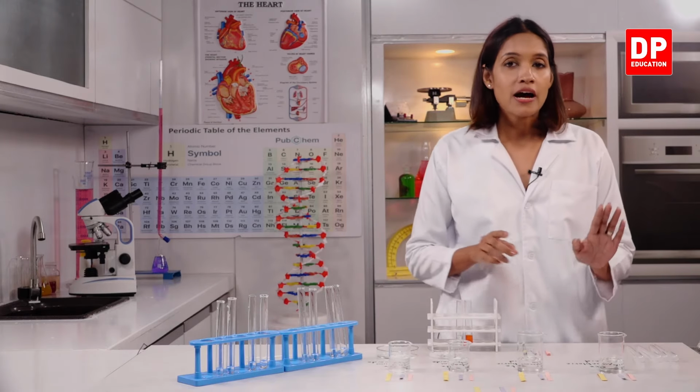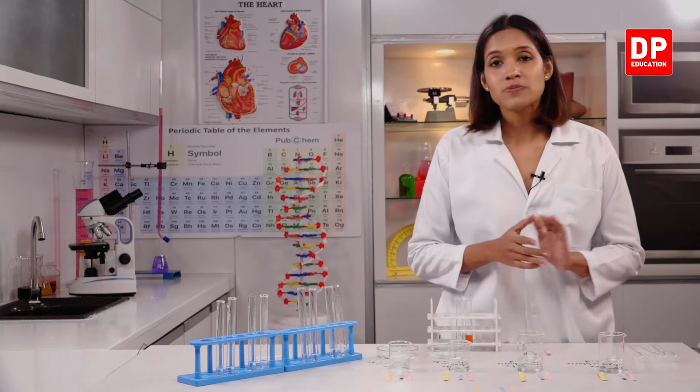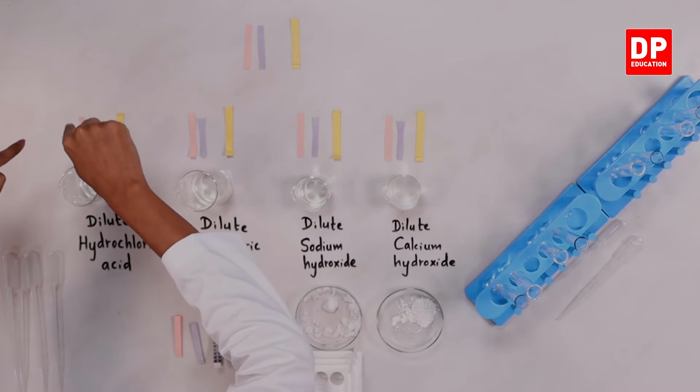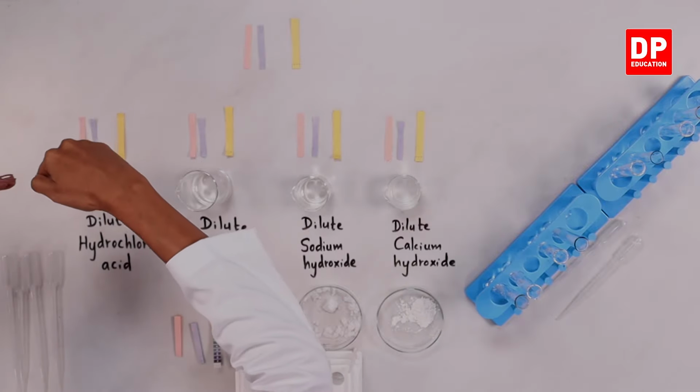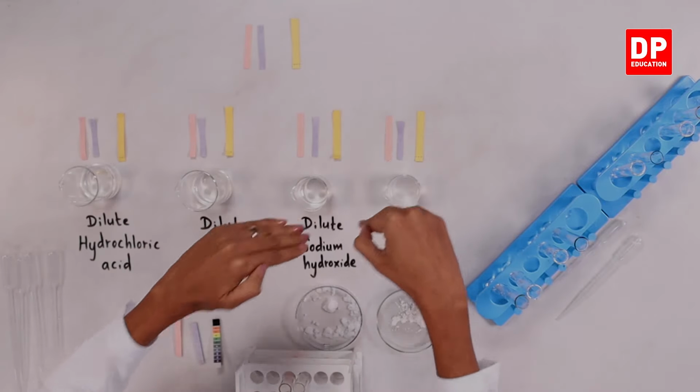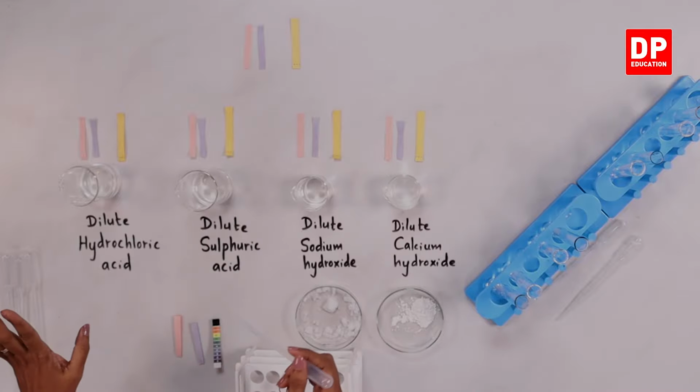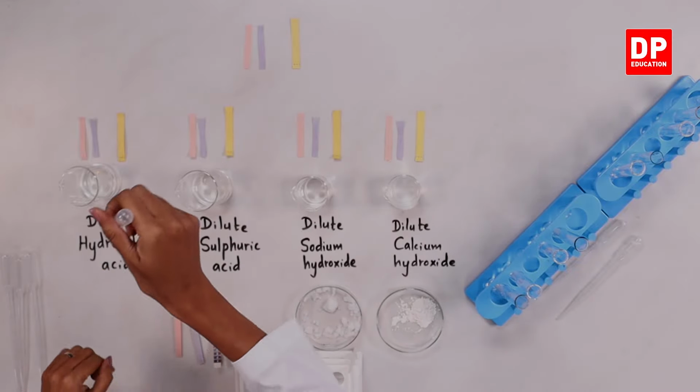First of all, I am going to take litmus papers as the indicator. You can see that I have placed litmus papers in front of each of these solutions. We are familiar with this experiment because we did this type of experiment before. Observe carefully.